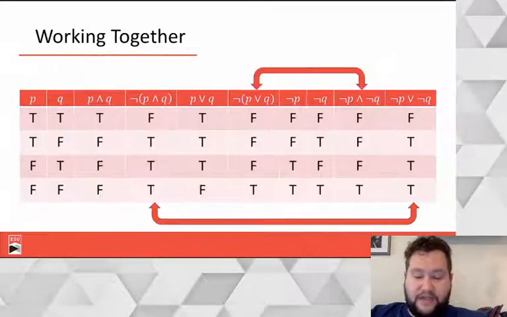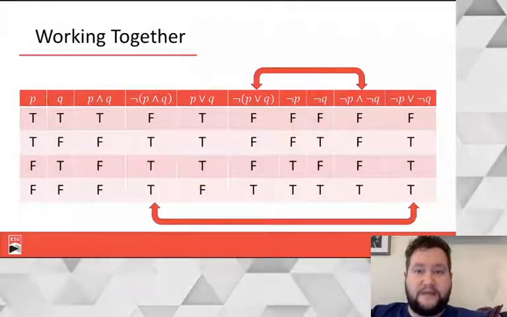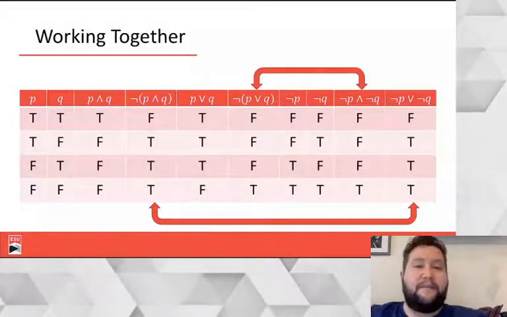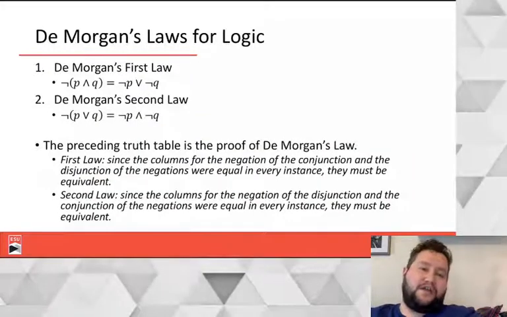And these two relationships, which are marked here, that these columns are the same, have a special name. These are called De Morgan's laws for logic.